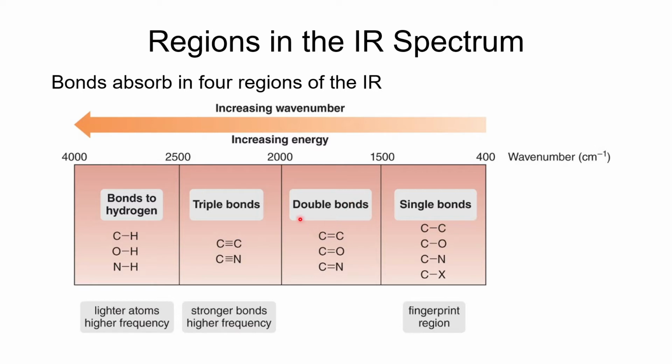But for double bonds, triple bonds, carbon-hydrogen bonds, oxygen-hydrogen bonds, and nitrogen-hydrogen bonds, these things are very easy to identify in the infrared spectrum, and so we will be able to find those just by looking at some examples.